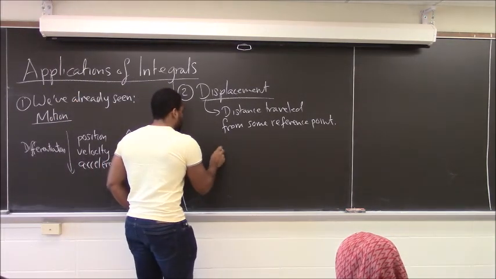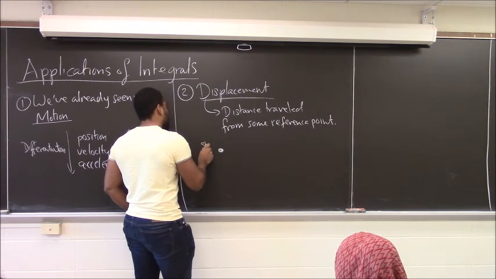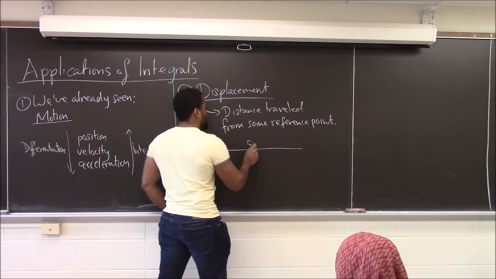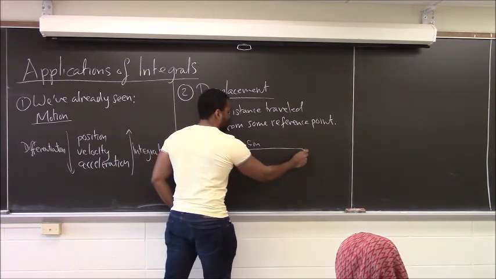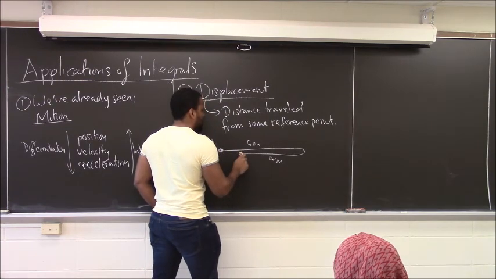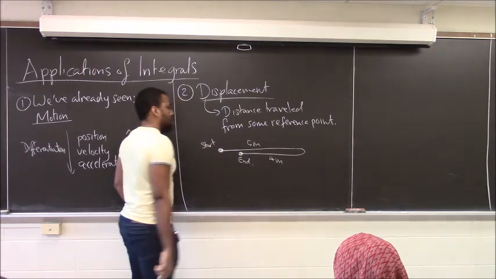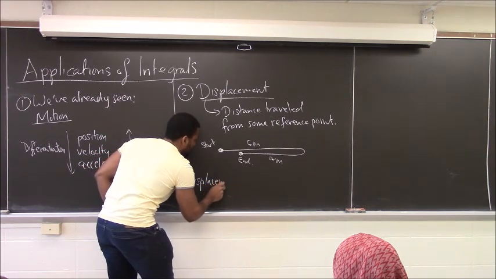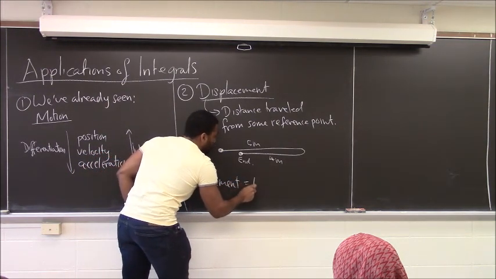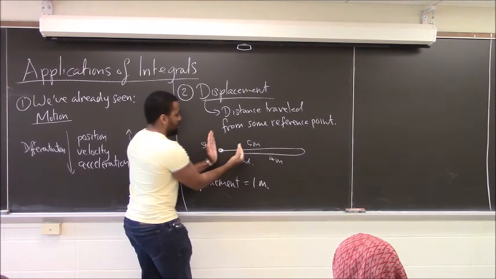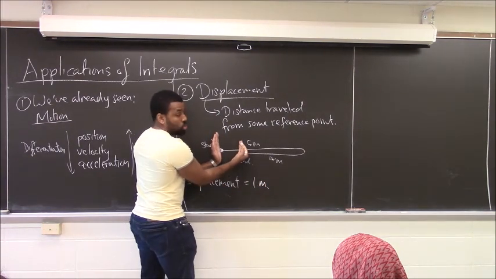So let's say you start here. You travel 5 meters in that direction, you turn around and you travel 4 meters in the opposite direction, and then you end here. Then we can say your displacement is 1 meter, because the distance you end up from your original position is 1.